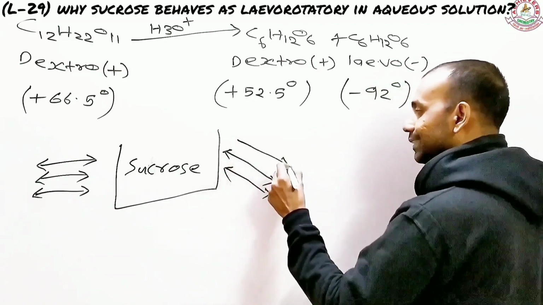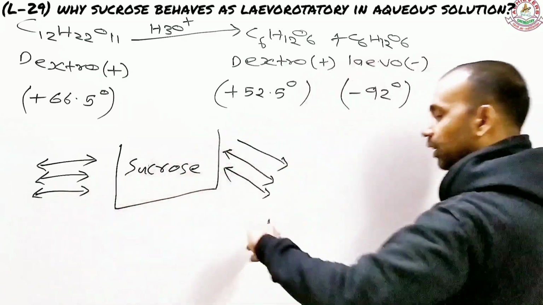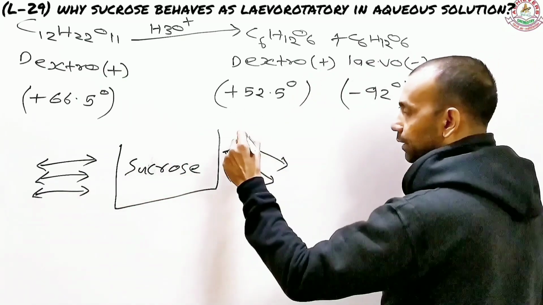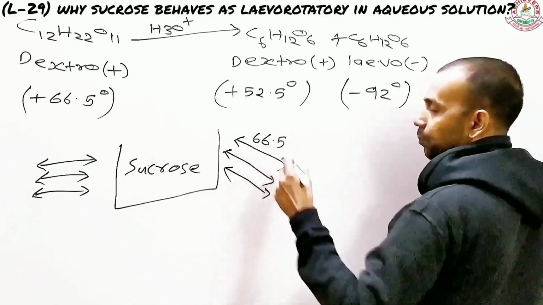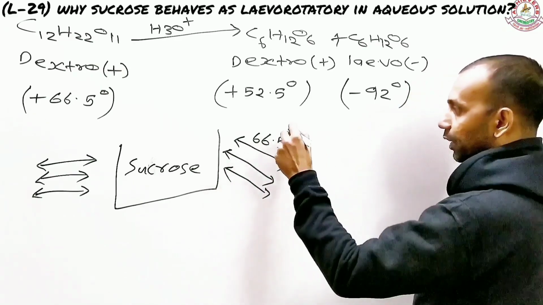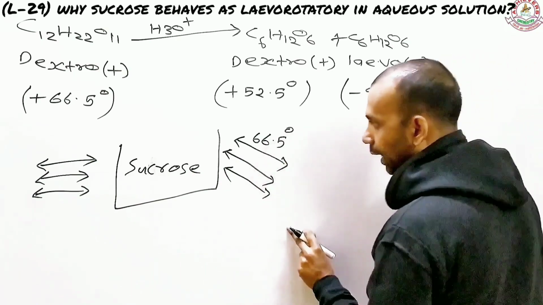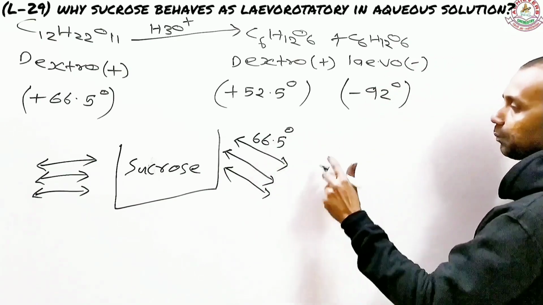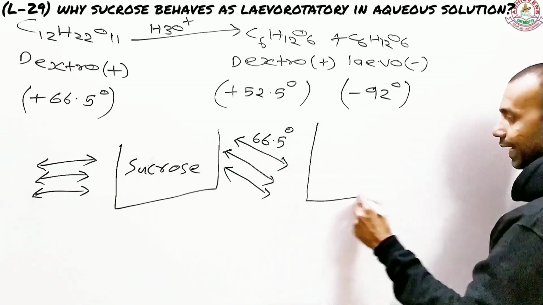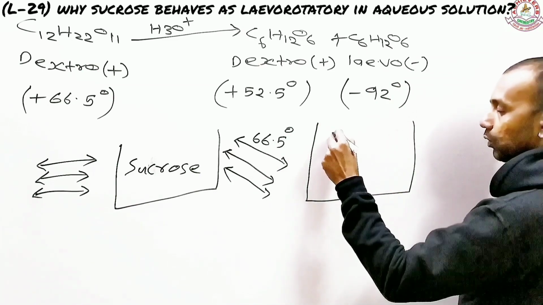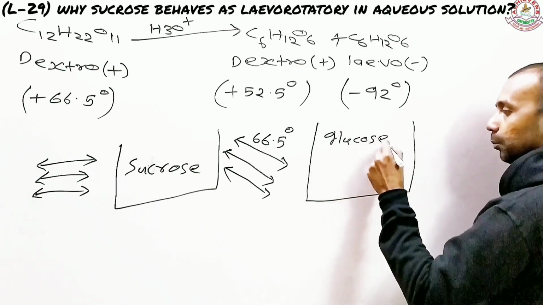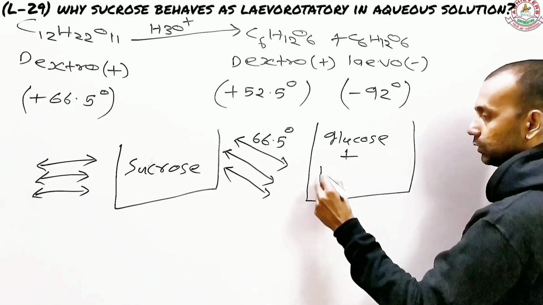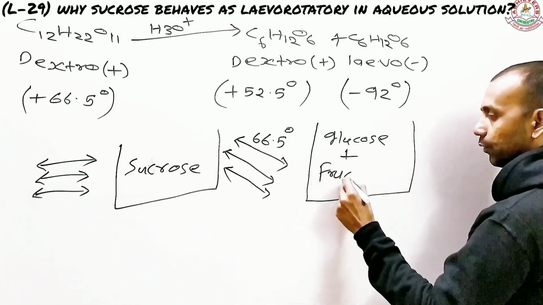So suppose this light is moving towards the right by 66.5 degree. Now, what happened after some time, when you observe that this has not only glucose, but it also has fructose.